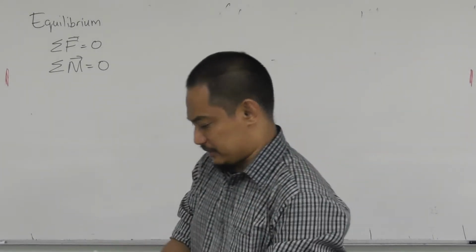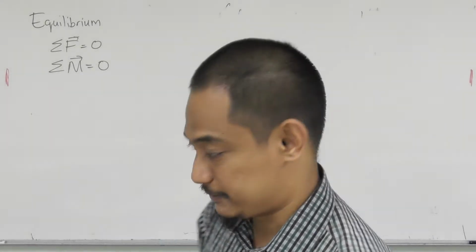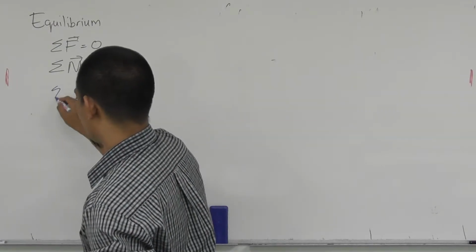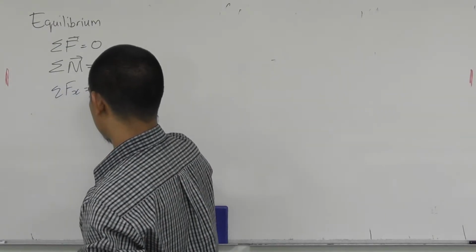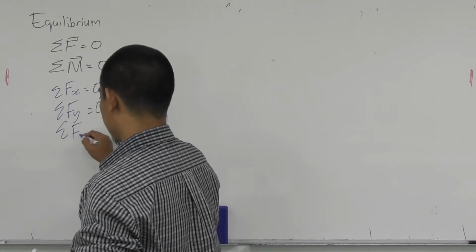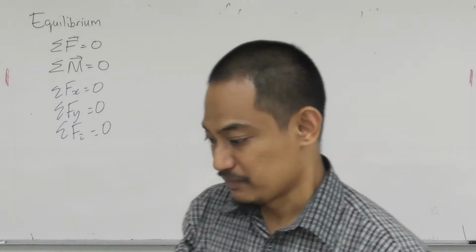So this is in terms of Cartesian vector notation, right? In terms of scalar, basically the summation of F is the 3 components: summation of Fx equal to 0, summation of Fy equal to 0, and summation of Fz equal to 0. This is if you are talking about 3-dimensional, right?